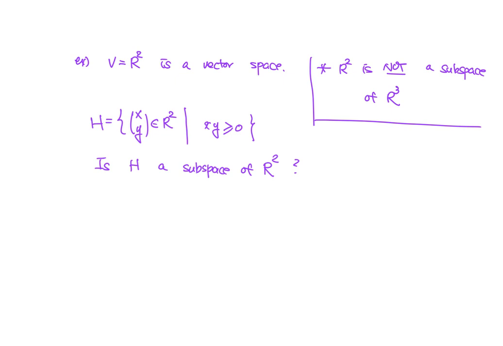Yes, I mean, if it is closed under the addition and scalar multiplication. In other words, when you add any 2 arbitrary elements in H, you get some element in H. And when you multiply any number to an element in H, and if you get an element in H, then this H will be a subspace.